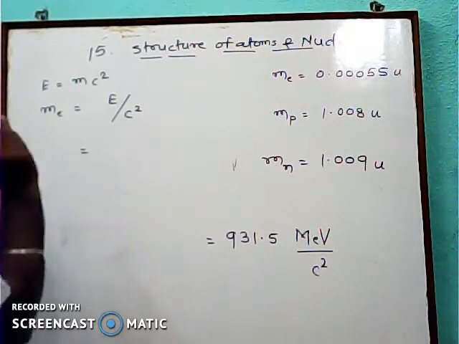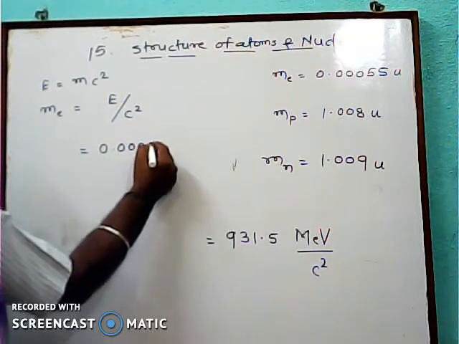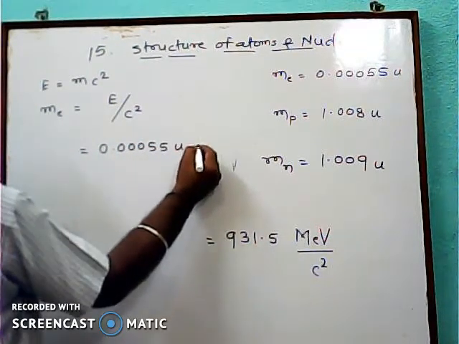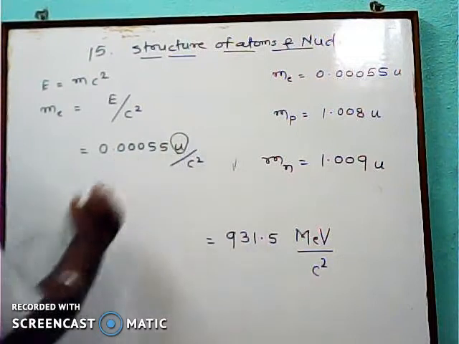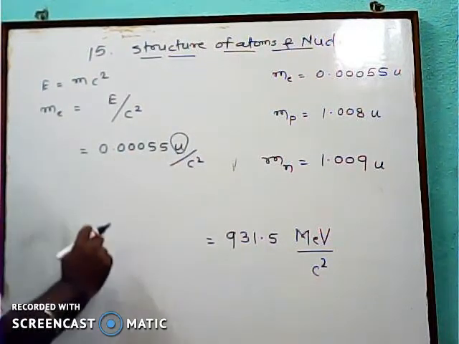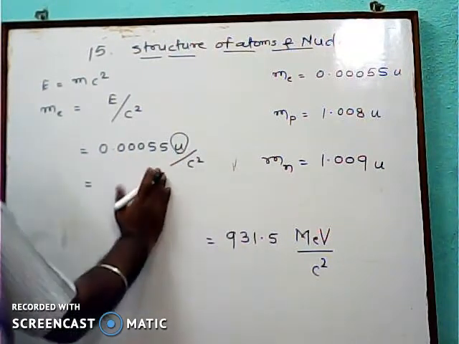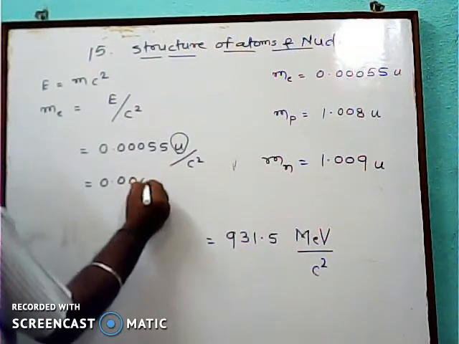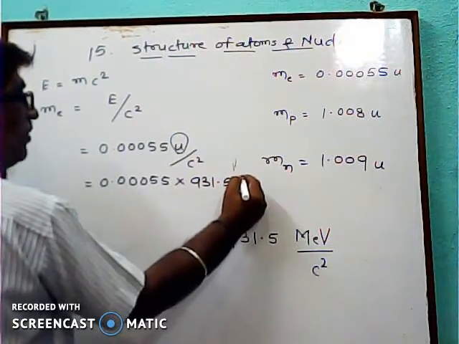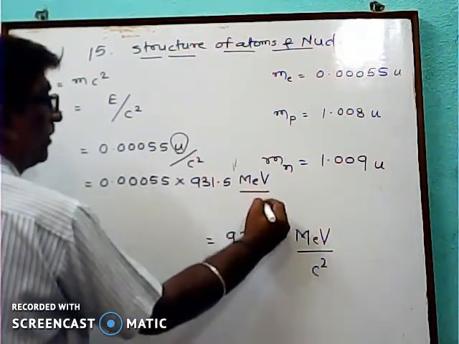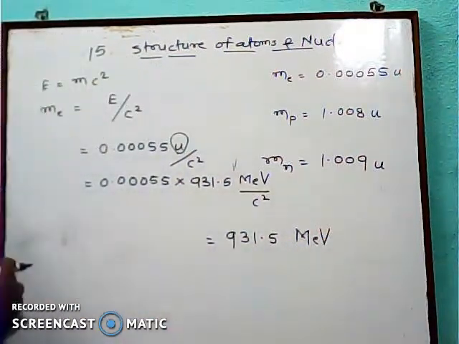So for the electron, the mass is 0.00055 unit per c square. If we take this unit mass in the form of energy, it will be 0.00055 into 931.5 mega electron volt per c square. See here, c square is not there, that is mega electron volt.